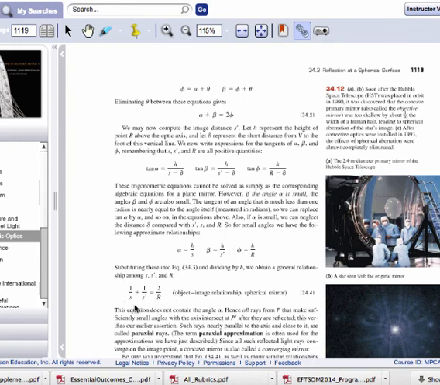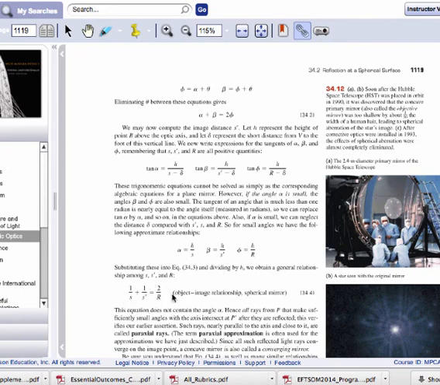So for small angle alpha, it turns out the location of the image is independent of alpha, which is good because you want all rays at any alpha that strike the mirror to come to the same point. That's true in the limit where alpha is small. You get a well-defined focus point. This is what's called the paraxial approximation.